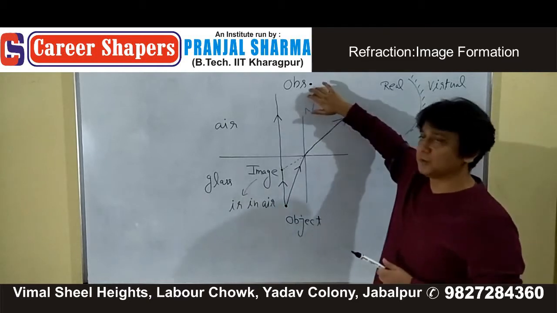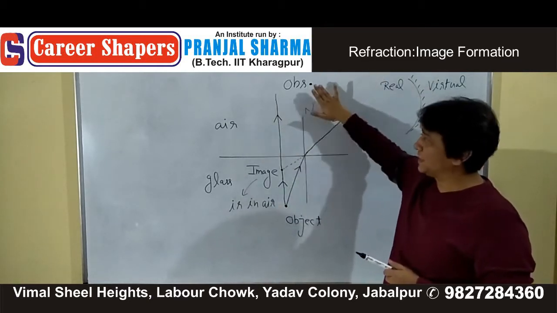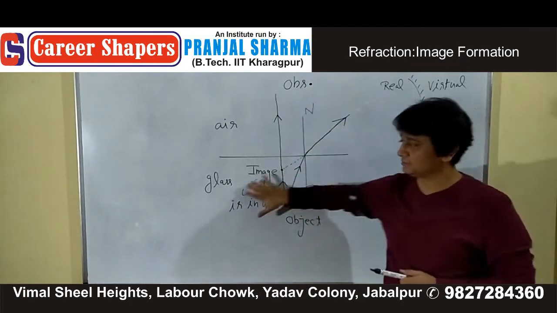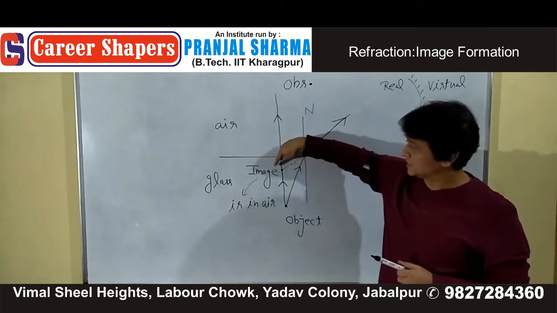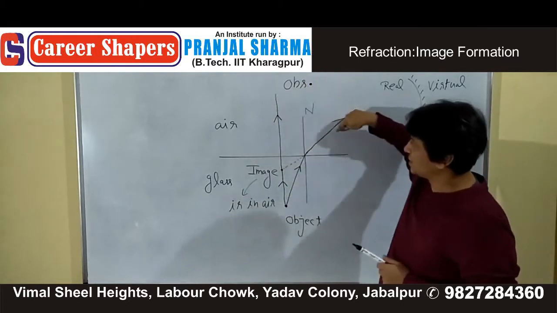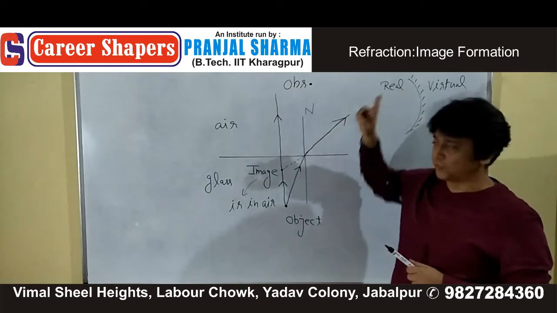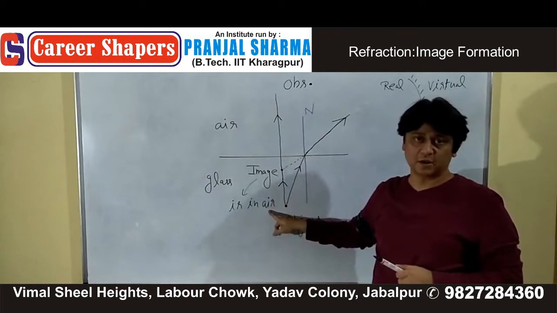If you ask this observer, then he does not know anything about glass. What he sees is this image, and for him these rays are in air, and therefore image formation will take place in air.